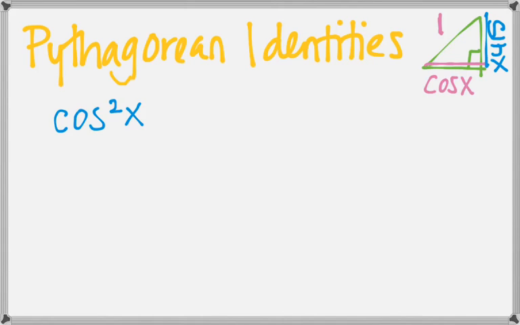Cosine squared of x, with the exponent between the cosine and the x, is the same thing as cosine of x squared. Normally we will see it written the first way, so that's what I'm going to do in my notes. Cosine squared of x plus the sine squared of x is equal to 1 squared, which is just 1.